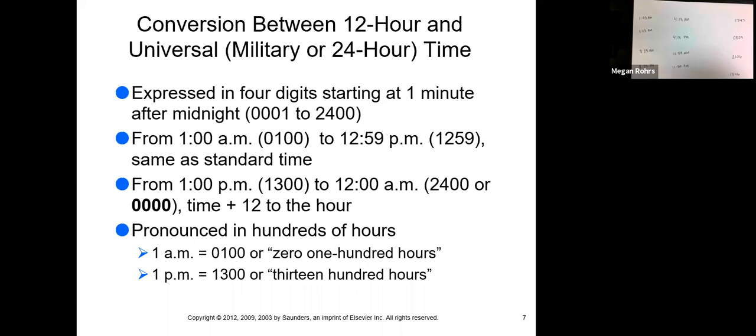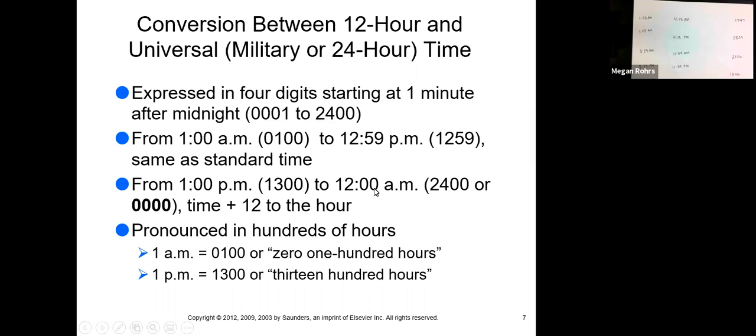So military time is expressed in 4 digits. There is no colon, so there's never a colon in here. And it begins 1 minute after midnight here. So when we're looking at midnight, we can have 0000 or 2400.